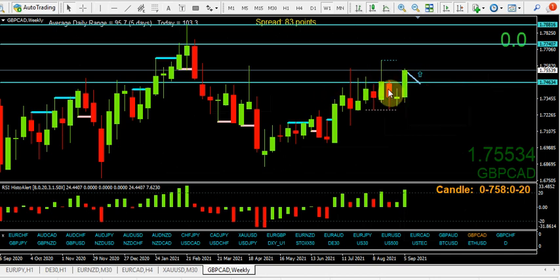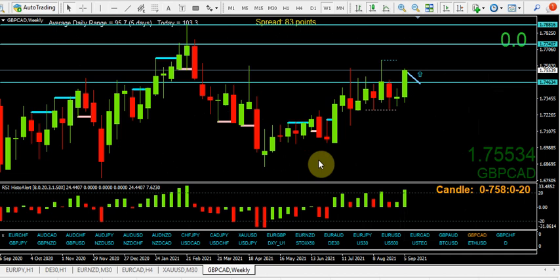It may well be that all this accumulation here, or distribution, I never remember which, all this sideways motion, manipulation I like to call it, they're just building up discounted long orders if they are going to take it long, or these wicks are building up discounted sell orders if they're going to take it short. So nothing set in stone, all we can do is read what is on the charts.